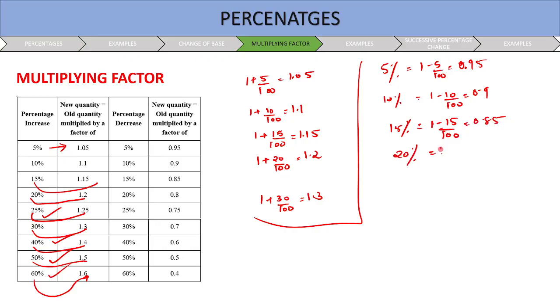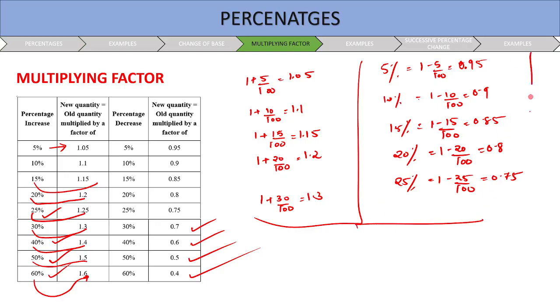Similarly, 20% will be 1 minus 20 by 100, which is 0.8. 25% will be 1 minus 25 by 100, which is 0.75. Similarly, you will calculate for 30, which is 0.7, 40 is 0.6, 50 is 0.5, and 60 is 0.4. A simple sort of calculation which I know all of you would be able to do.